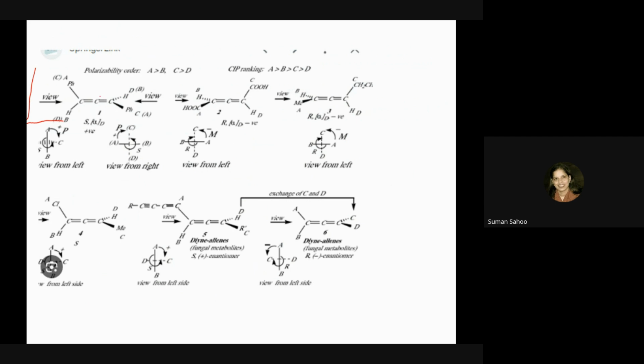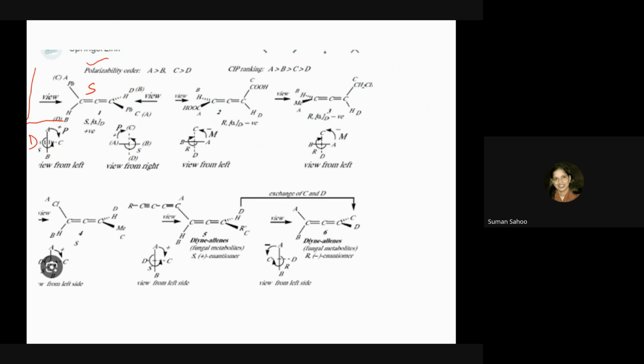If we view it from this side, phenyl is on top, or we just put it as A, and this as B. Phenyl is on top and hydrogen is down, and this hydrogen, that is D, is on the left, and this one would be of more priority as compared to hydrogen. So this one is C, this one is D, or 1, 2, 3, 4. As we go along the path from A to B to C, that is anti-clockwise, so the configuration should be S.